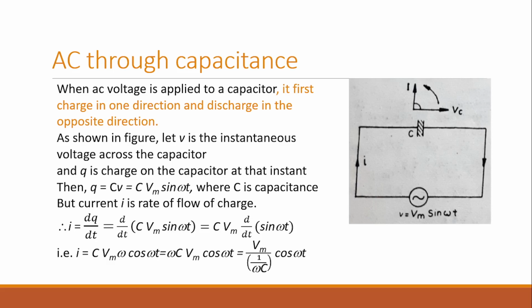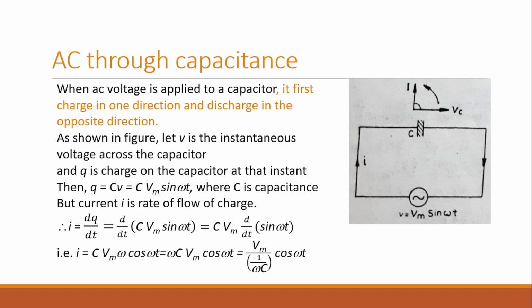Now we can obtain current I from the charge Q. What is the relation between current I and charge? Current I is the rate of flow of charge, so I is simply equal to dQ by dt. We have obtained Q as C Vm sin omega t, so we take d by dt of C Vm sin omega t. We have simply substituted the value of Q. C and Vm are independent of time t, constant quantities, so we take them out of the differentiation.